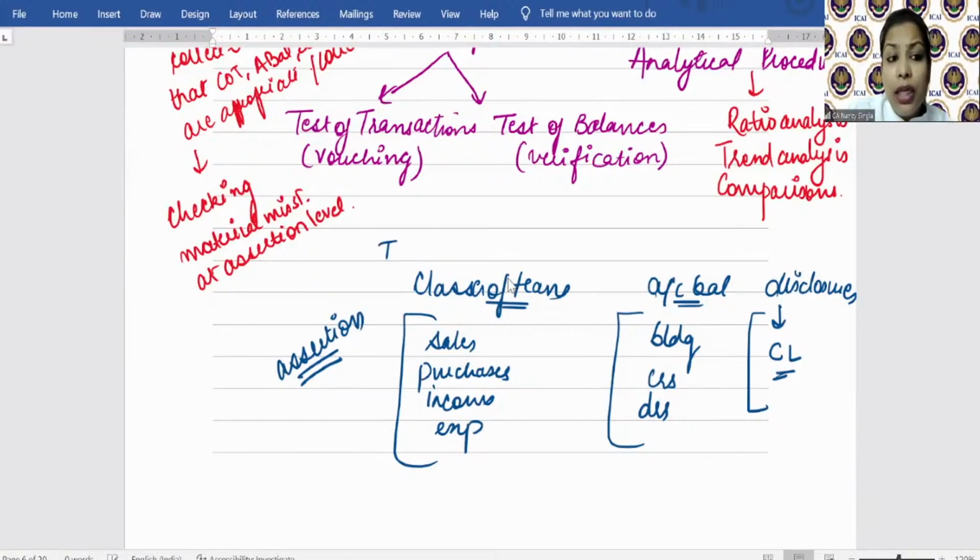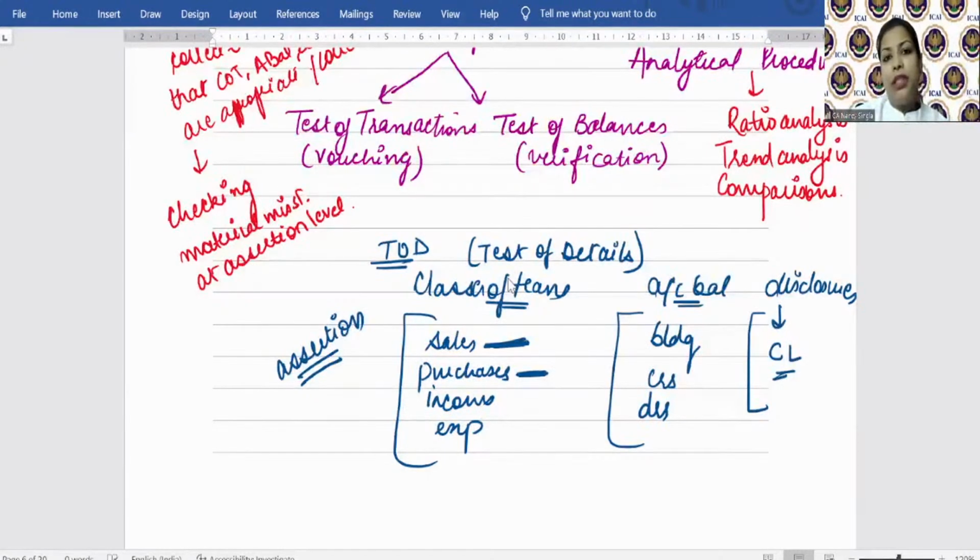Now, when the auditor is performing TOD, test of details, the auditor is going to check whether there is any material misstatement in sales, in purchases, in income, in the building balance, in creditors balance or debtors balance, or in any such disclosure.